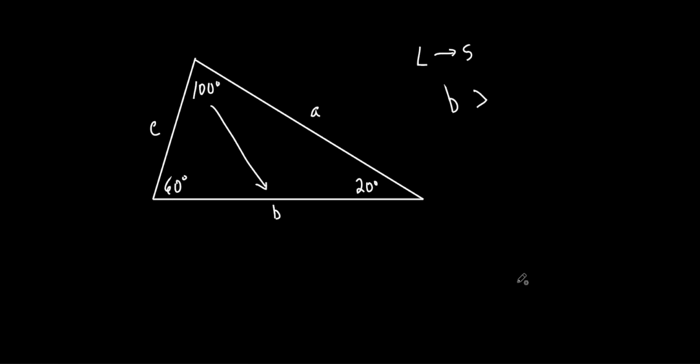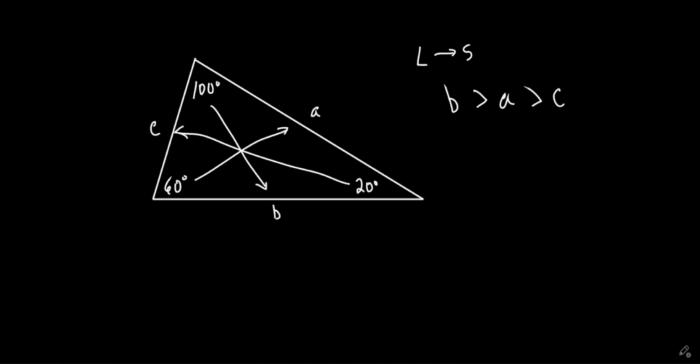What about the middle one? Which one's the middle side? It's A, right, because 60 is in between 20 and 100. All right, so A's got to be the second one. And that has to be bigger than the smallest. 20 degrees is the smallest angle, so side what? C is the smallest side.